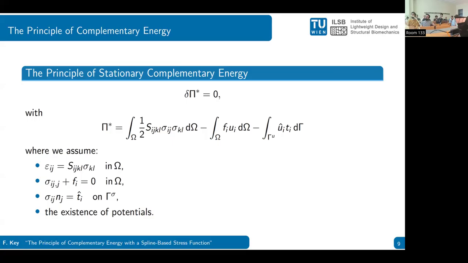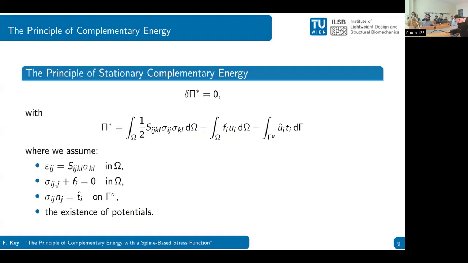And again, if you take the variation and set it to 0, you can use this later to compute the stresses. And the assumptions are that, again, this constitutive law holds, that you have this equilibrium condition between the stress and the body force, and also that the traction boundary conditions are fulfilled. And again, as before, the existence of the traction.